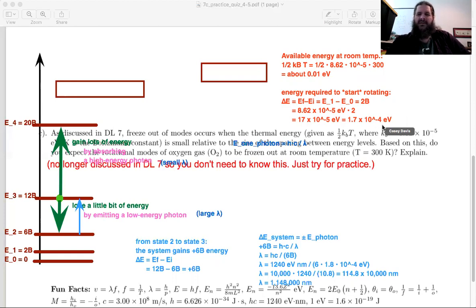Any other questions on that one? Okay, any other quantum mechanics examples you'd like to work on? Or any other topics you'd like to talk about?